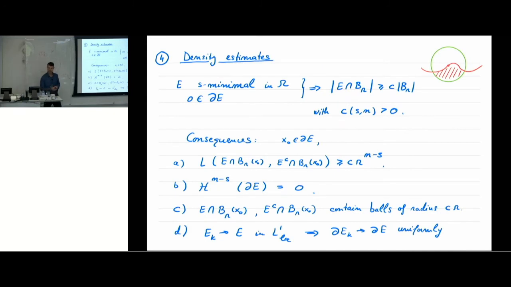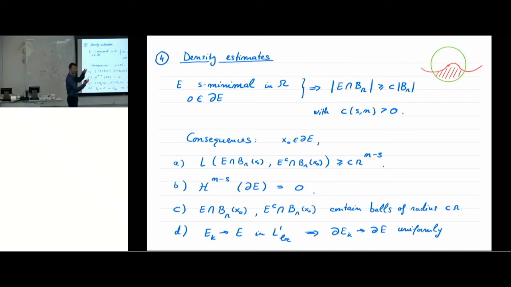What are some consequences of the density estimates? Some consequences are that if I look at the energy, if I just draw a ball of radius r and I just pay attention to the energy of the contribution only inside that ball, so I ignore everything that is outside, I get that this is always bigger than a constant times r to the n minus s.